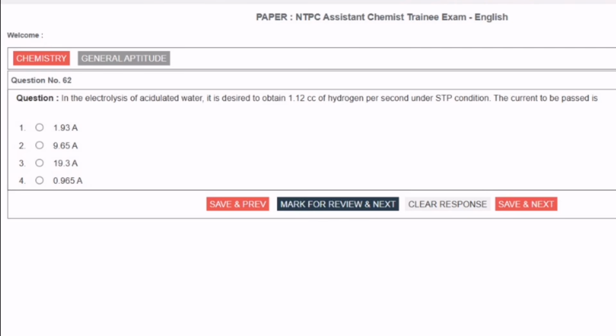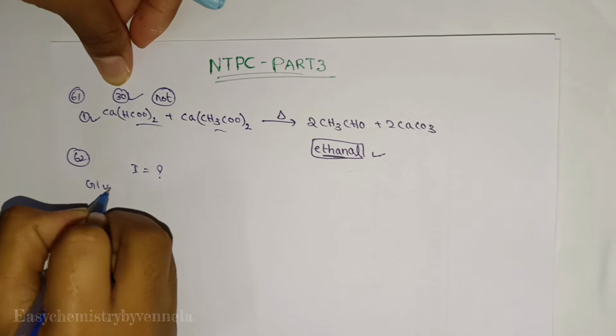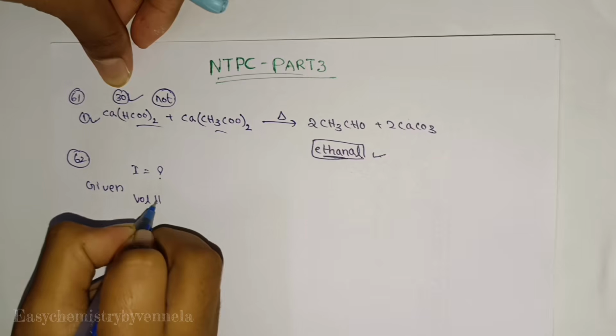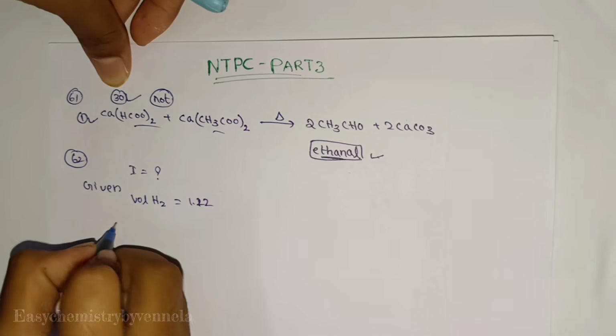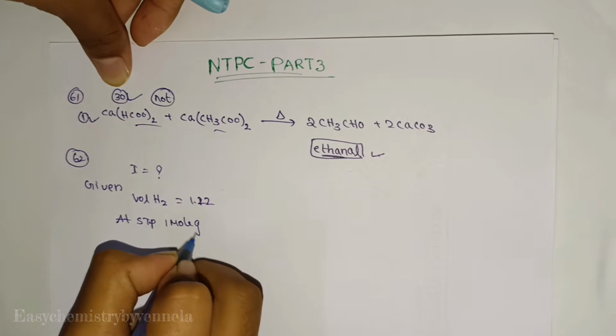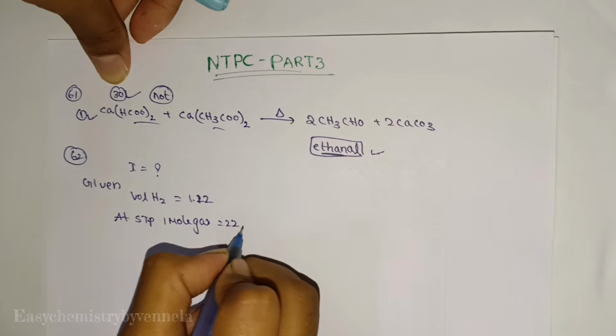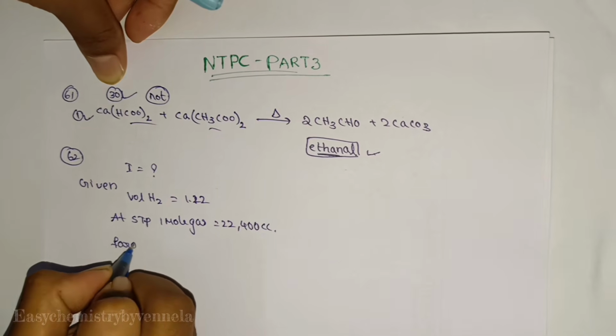Next question. In the electrolysis of acidified water, it is desired to obtain 1.12 cc of hydrogen per second under STP condition. Here you have to find out the current to be passed. What is given? Volume of H2 is 1.12. At STP, 1 mole of gas is 22,400 cc.